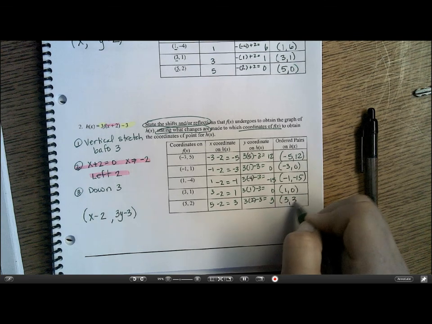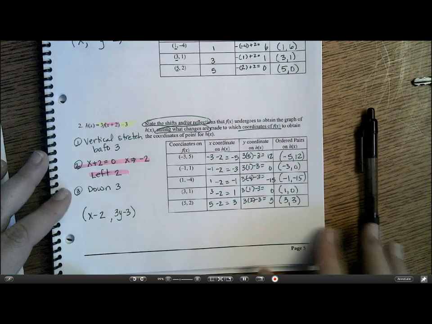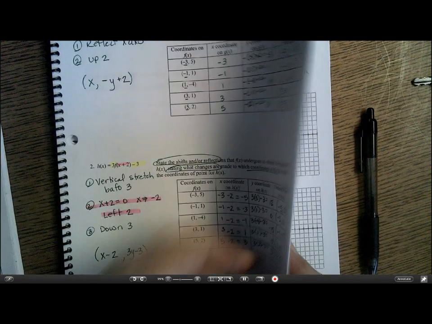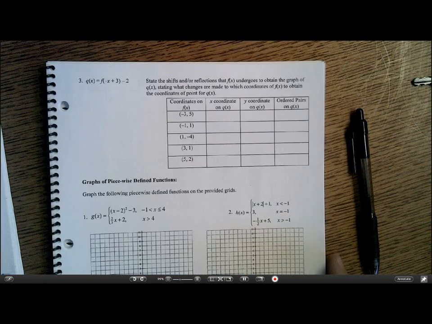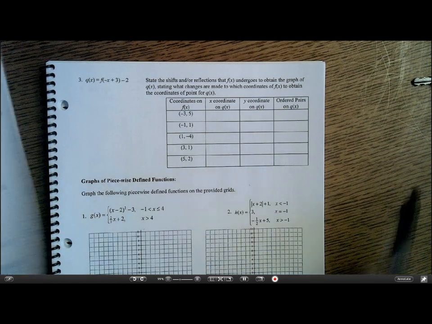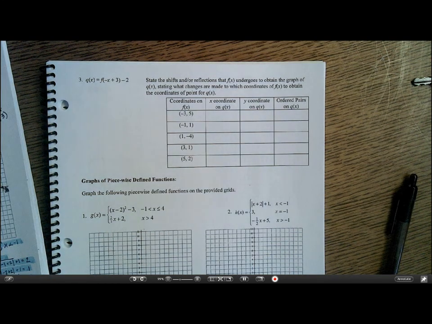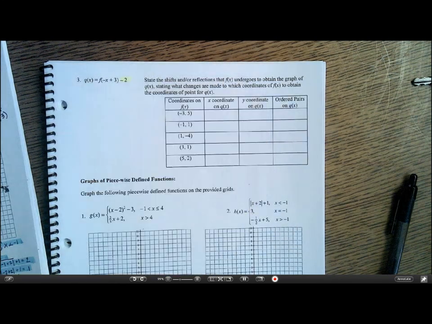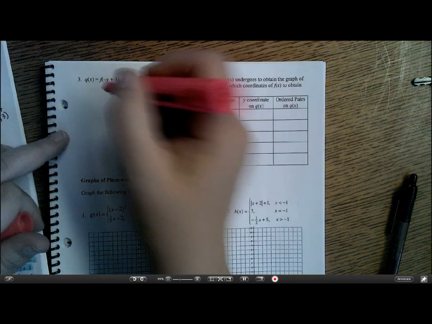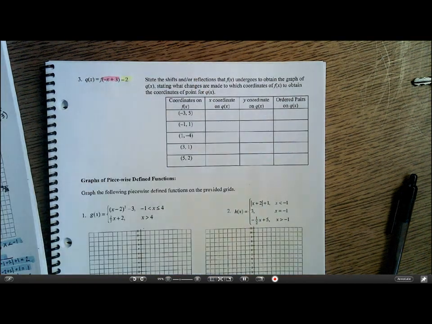If there's any confusion, please let me know. Let's go to the next page. Let's take a look. Again, highlighting any changes in one color that affect the y, and then these affect the x.